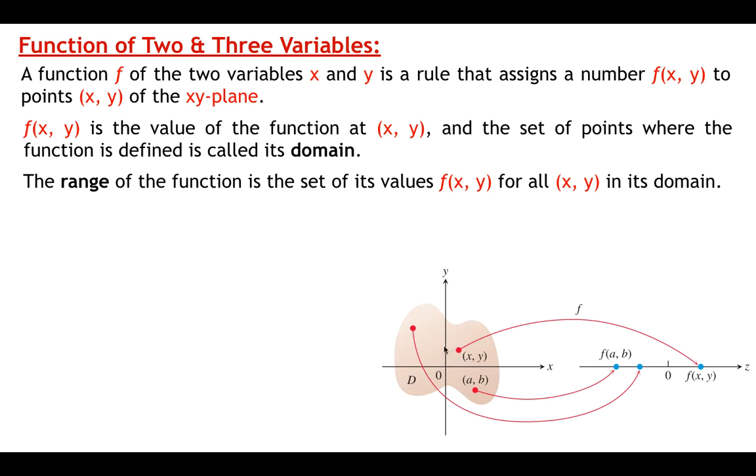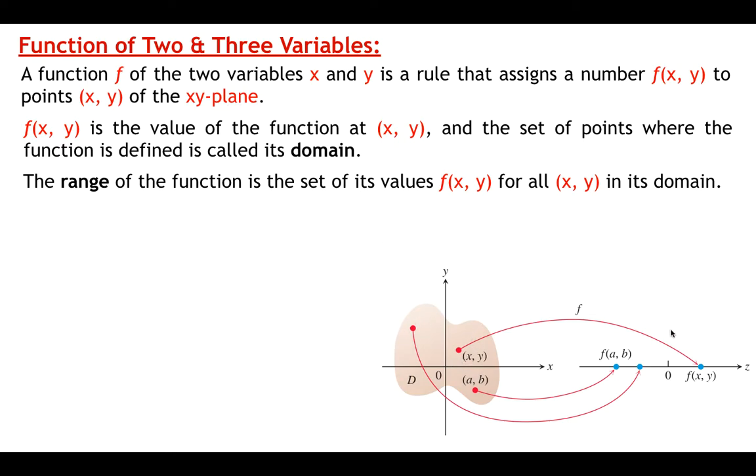This definition of a function is very similar to the function of a single variable, where f of x was a function of the single variable x, and x are the points on the real line, and we get corresponding function values. Here, the input values, or the values of the domain, lie on the xy plane.